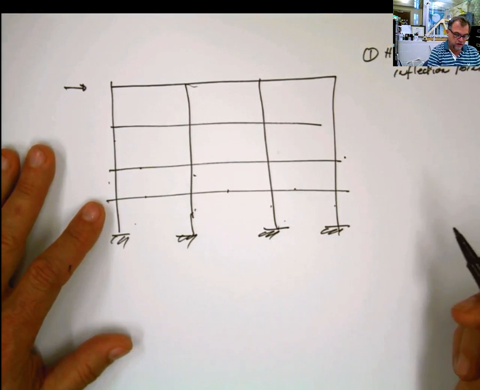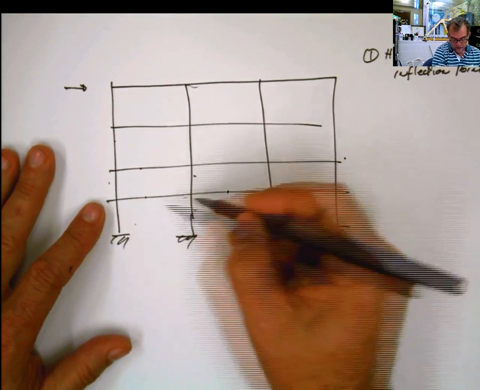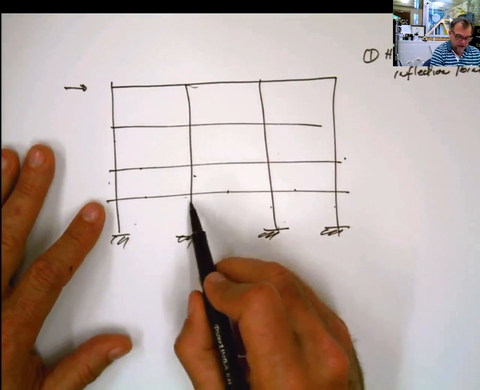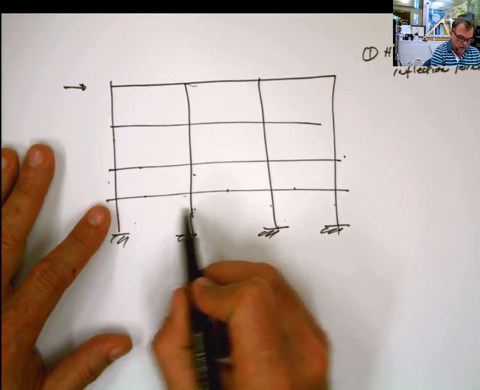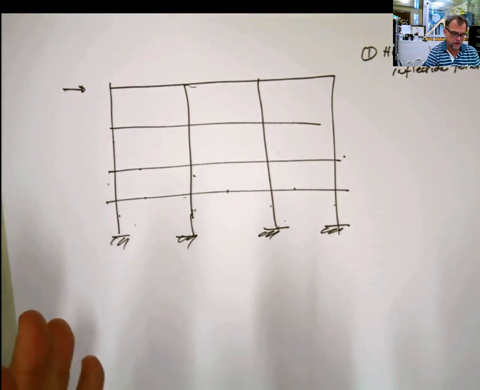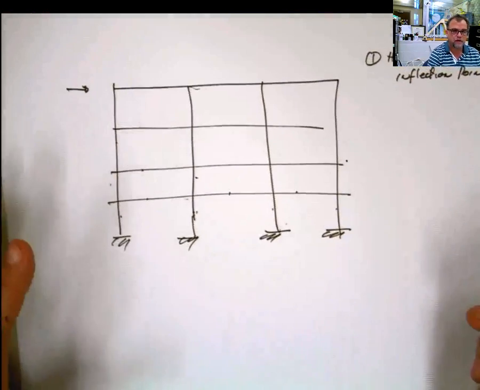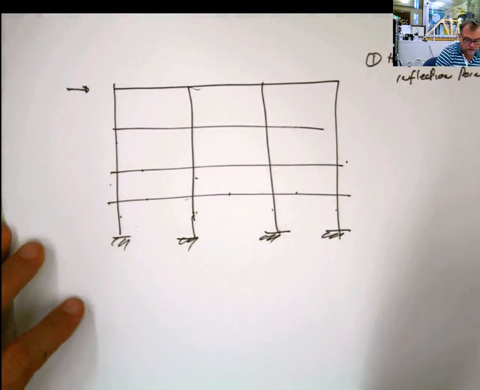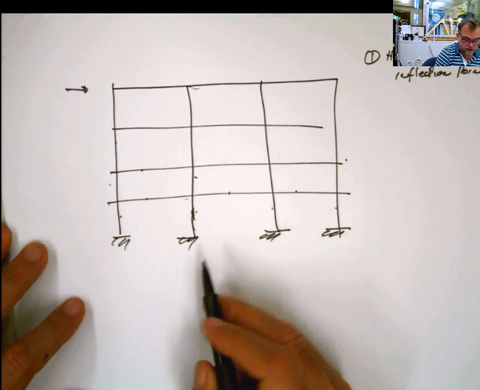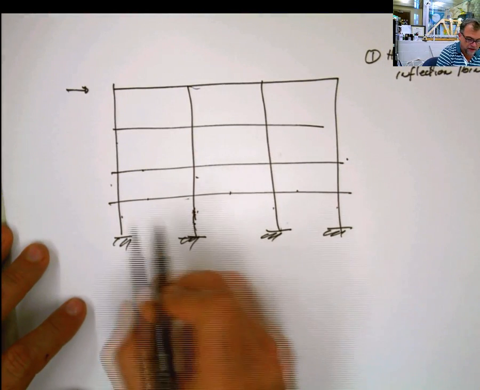The method assumes that the interior columns take the shear from these two beams in the two different directions, so the shear here is double the shear here. If you check buildings under this type of loading, these columns are usually bigger, and one of the reasons is the shear and the reinforcement for shear is also bigger. So you assume that the shear here is double the shear here.